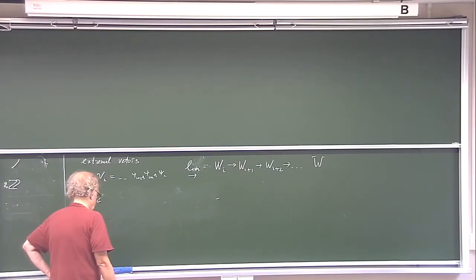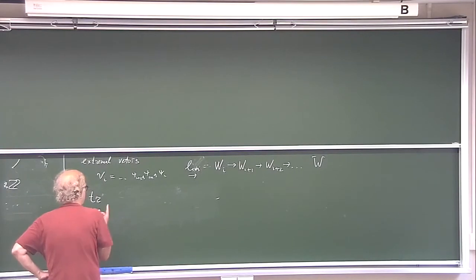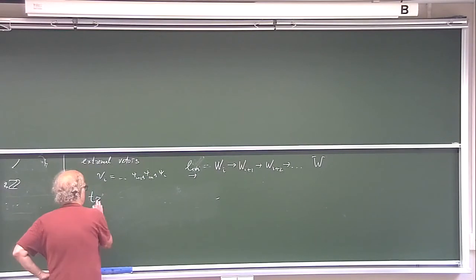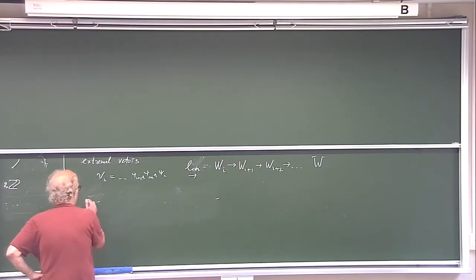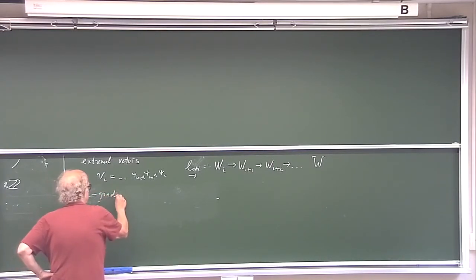If we calculate character, we need gradings. So in this case, we have two operators which are acting on this space, and these two operators produce what is usually called Q grading and Z grading.